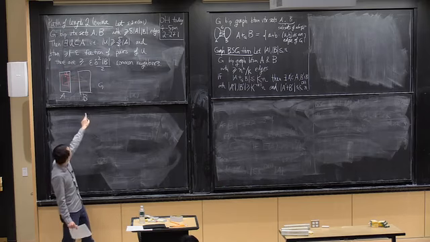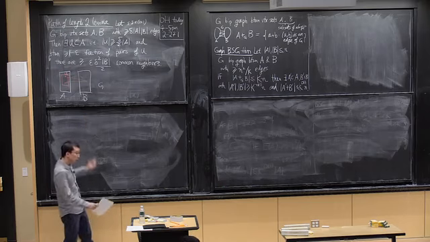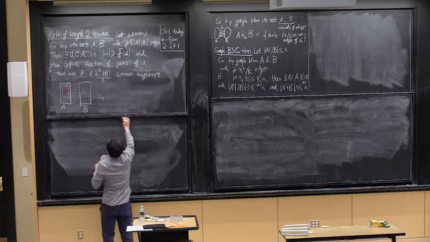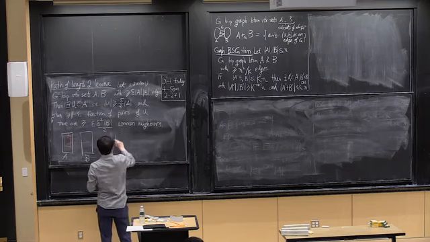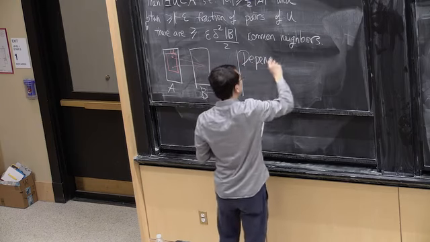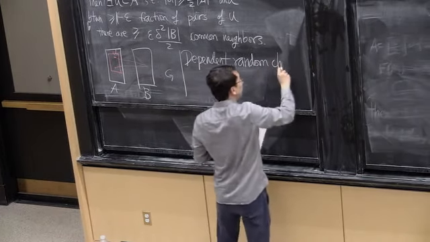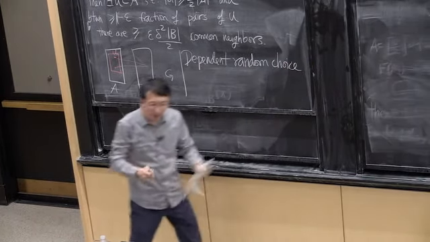So pick a random element in B and choose U to be its neighborhood. So let's do that. Okay, so we're going to use dependent random choice. See, everything in the course comes together.